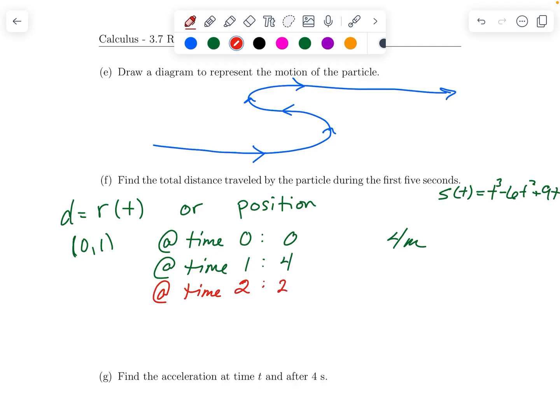So I went 2 meters in the wrong direction. I went 2 meters backward. So I went 4 meters forward, then I went 2 meters backward.